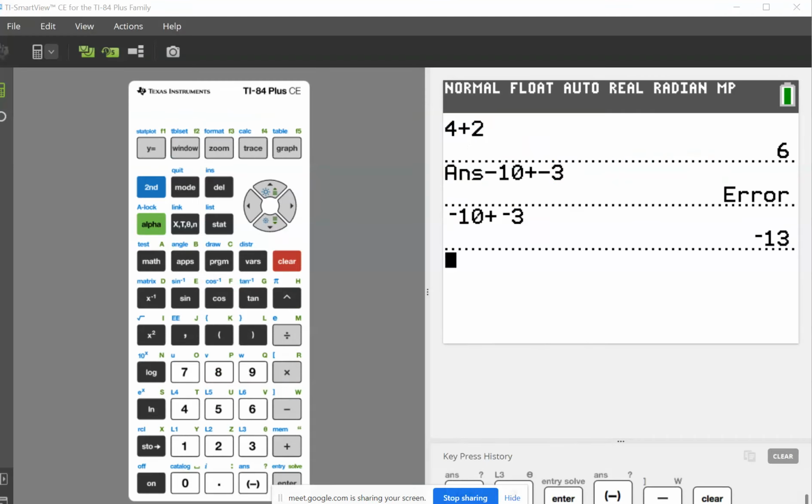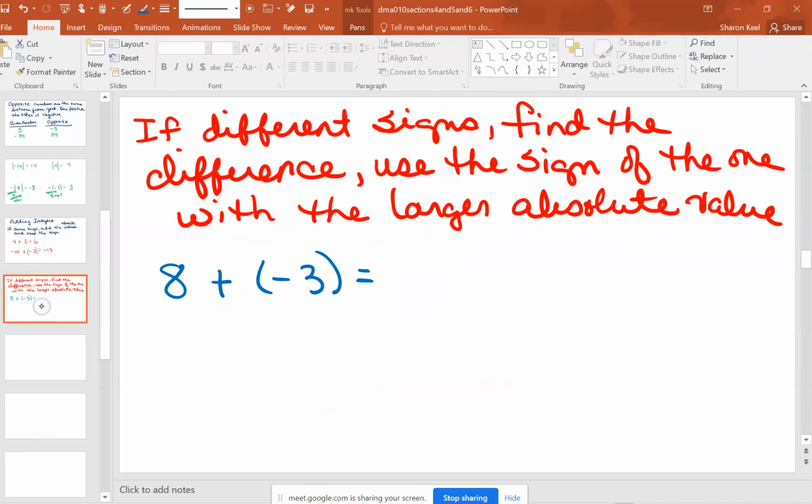So when you're handwriting, you would put a parenthesis around the second one. So the difference in these numbers is 5, and the larger absolute value belongs to the 8, that's a positive number.